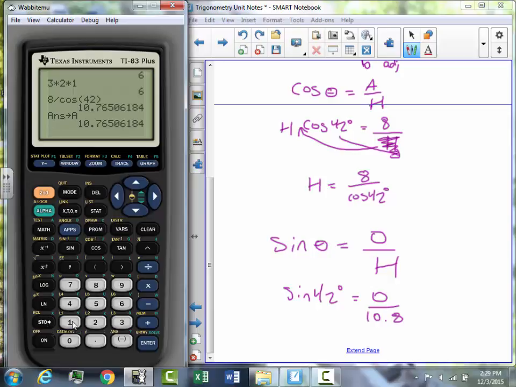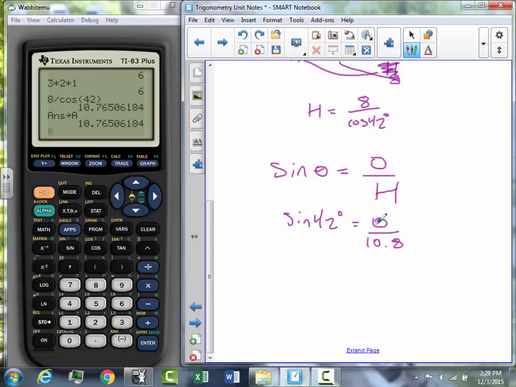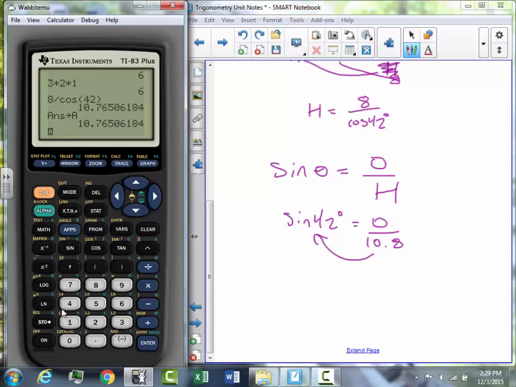I just pick A. So, based on this then, how do I get O by itself? Perfect, yeah. So basically take alpha A and times by the sine of 42. I got 7.2 basically.